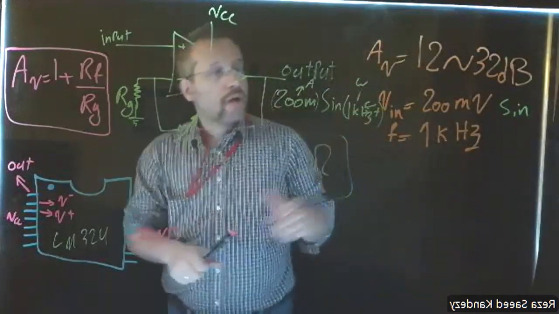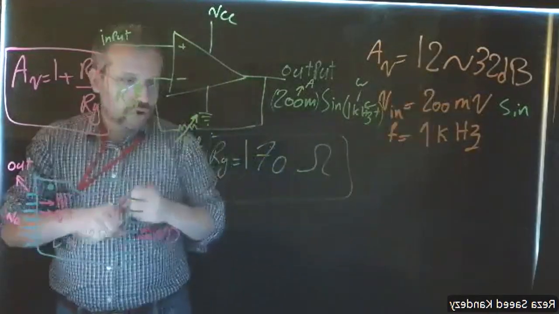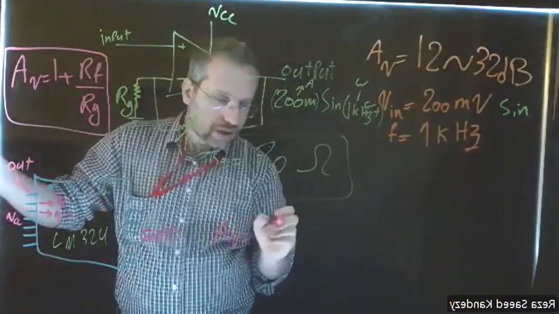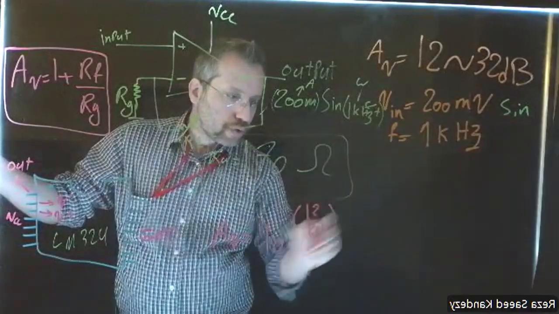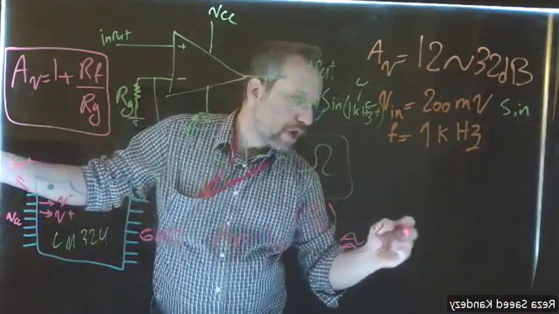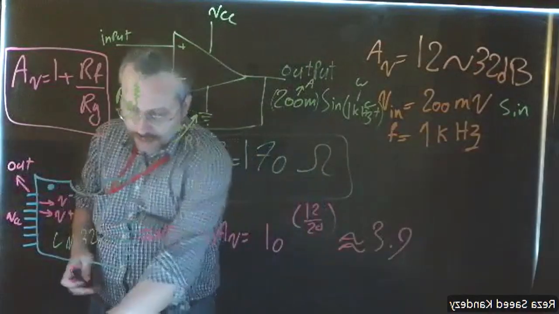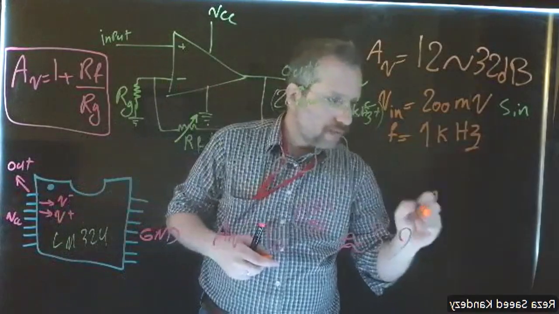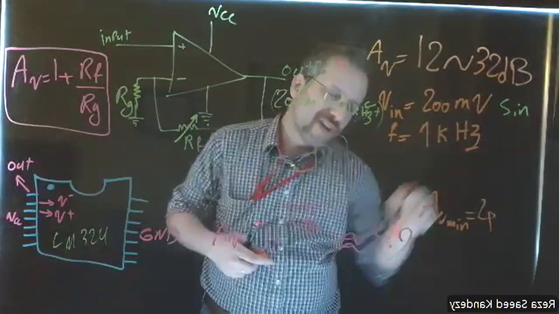Now, I want to have the minimum gain of 12 decibel. 12 decibel means that my AV is going to be 10 to the power of 12 over 20, which is somewhere close to 3.9. I'm going to consider the minimum gain, the AV minimum, as 4. I'm going to round it up.